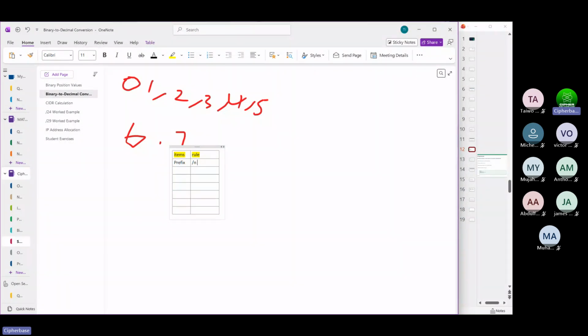This /n simply means network bits. The second one is host bits. We already talked about that: it is 32 minus the prefix length.